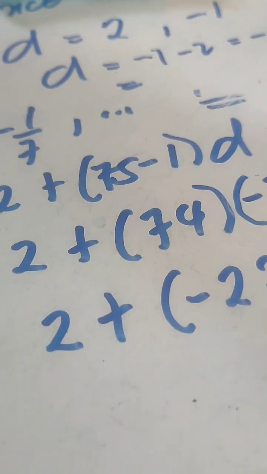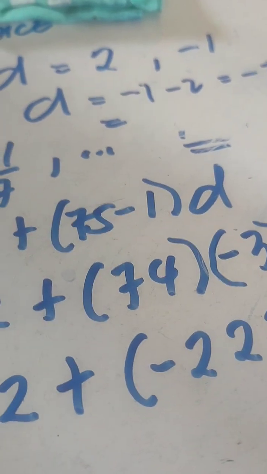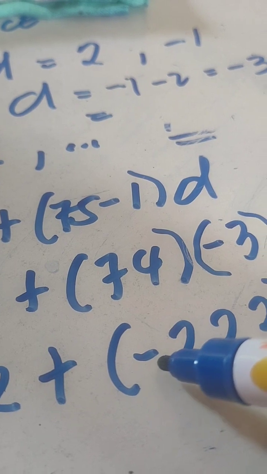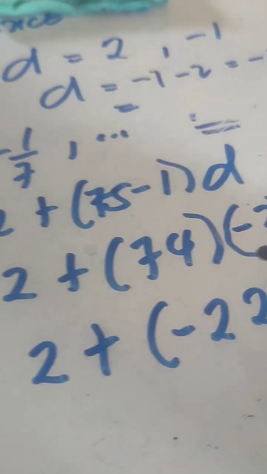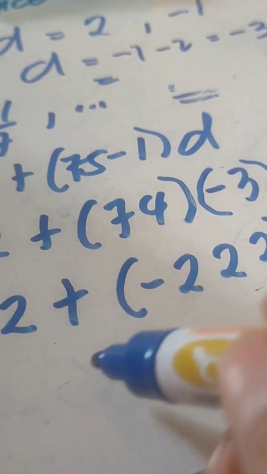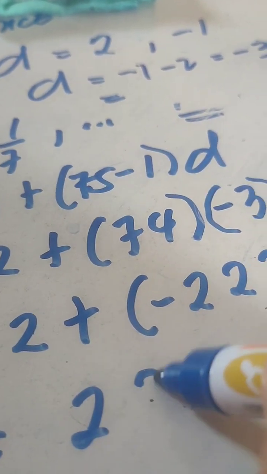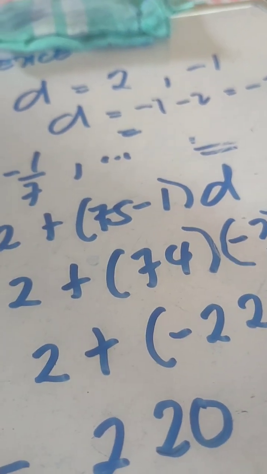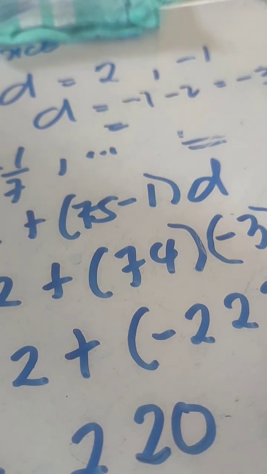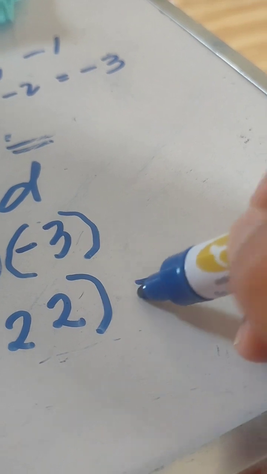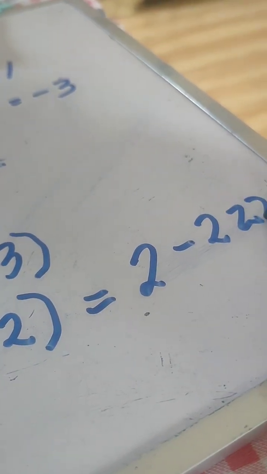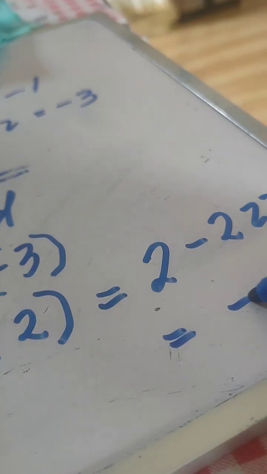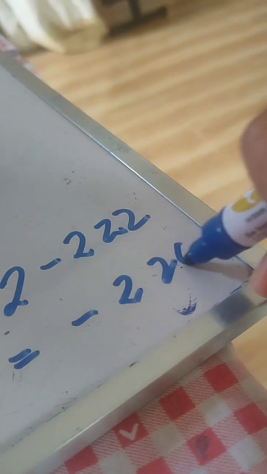-222. You know what the answer was for some of the students? It was 224, because they failed to consider the negative sign in the process of solving. So here, 2 plus -222 is equal to 2 minus 222, and that is equal to -220.